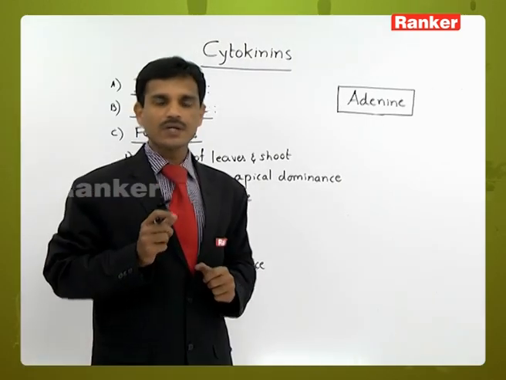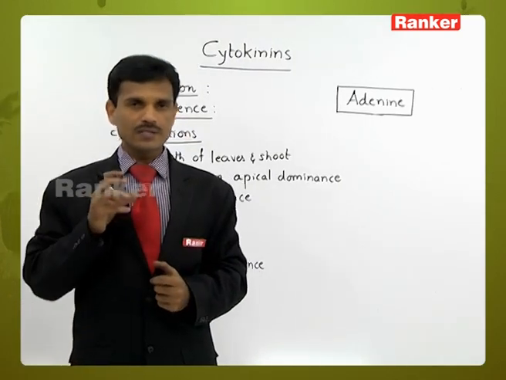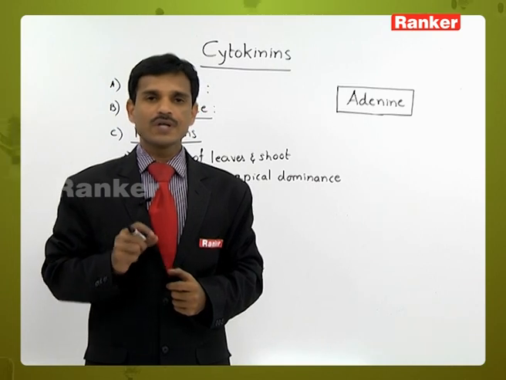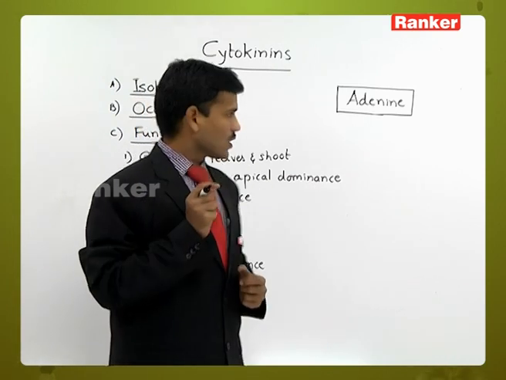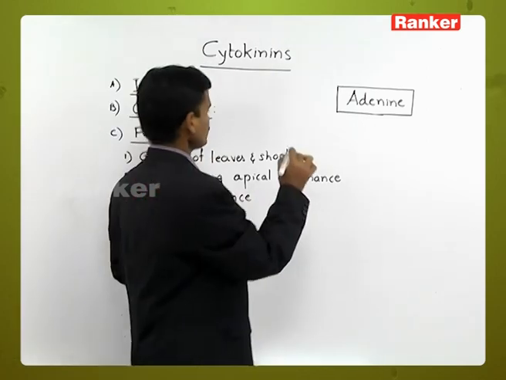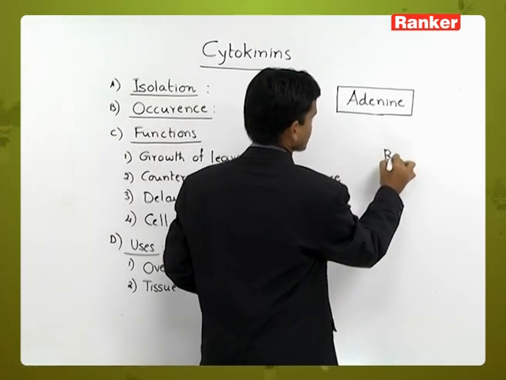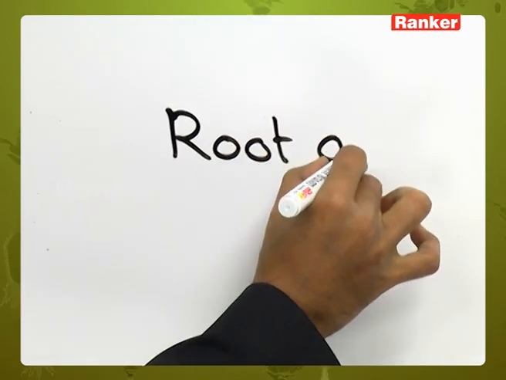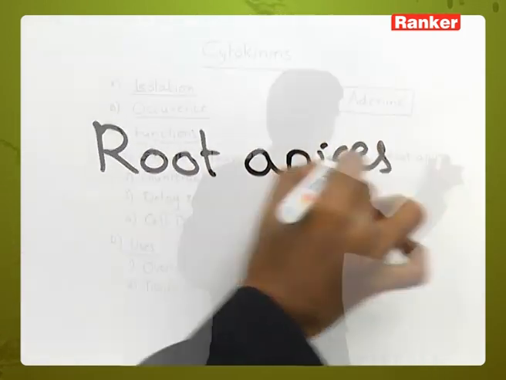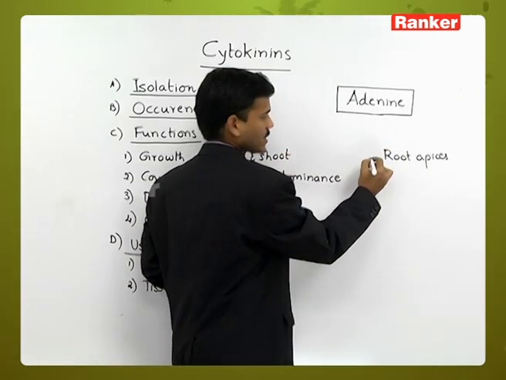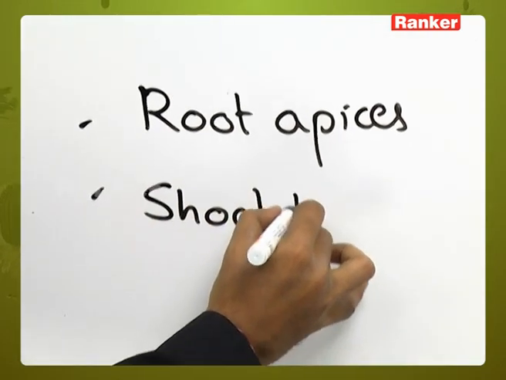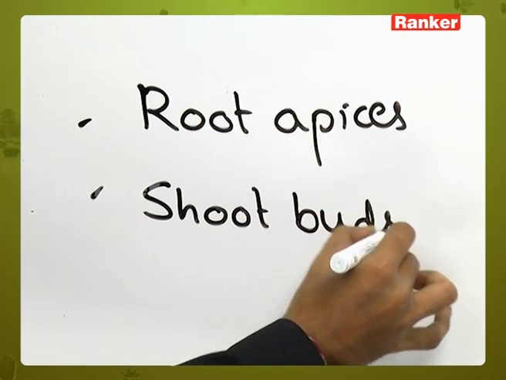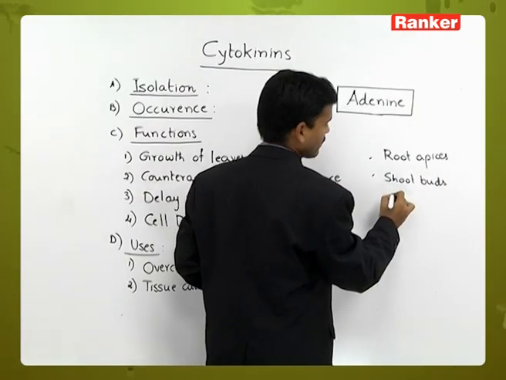Generally, cytokinins are produced in young fruits and root apices, the root tip portions, and also in shoot buds in the developing stage.